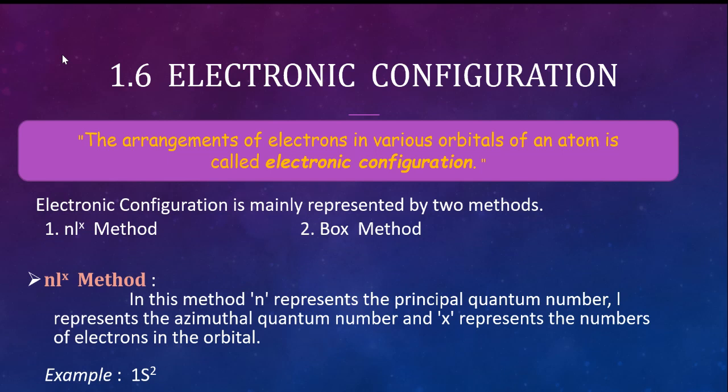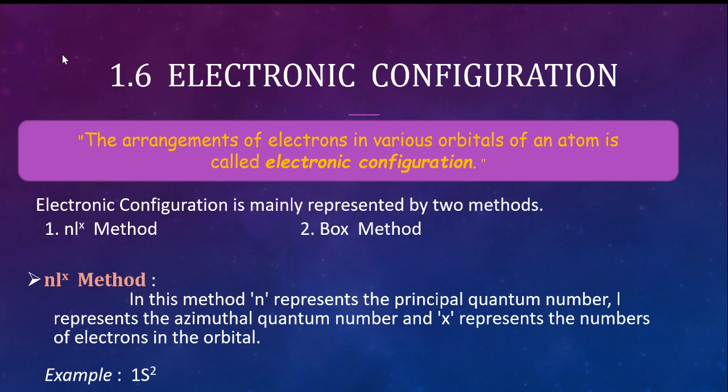And the last quantum number is the spin quantum number, represented by small s, and it gives the spin of the electron about its own axis. For the electron revolving in the clockwise direction, it is plus half, and for the electron revolving in the anti-clockwise direction, it is minus half. So this is the brief idea about the quantum numbers.